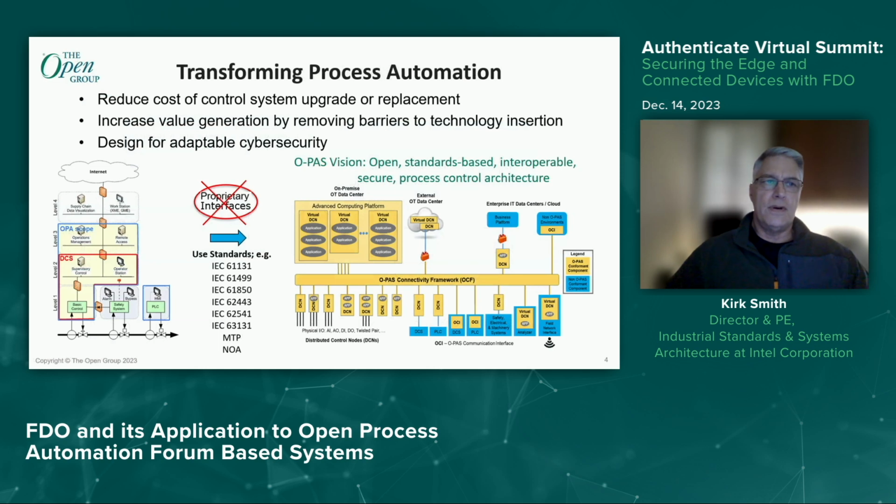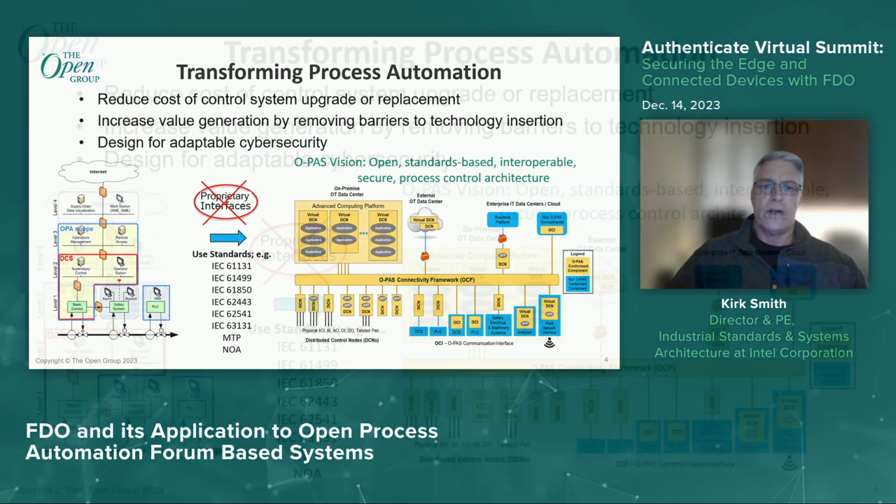So what is the Open Group's Open Process Automation really focused on? So, in reducing the cost of the control system, reducing that cost to upgrade and replace, as I mentioned earlier, increase that value generation by removing the barriers to technology insertion and designing for an adaptable cybersecurity position.